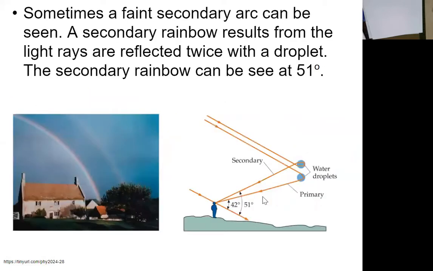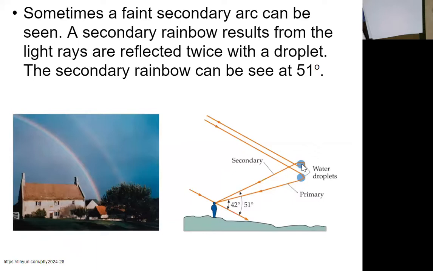Sometimes, if you are lucky, you may see double rainbows. There's a primary rainbow and a secondary rainbow. Those two rainbows are formed slightly differently. For the primary, the light hits the water drop and gets reflected just one time inside the water droplet.